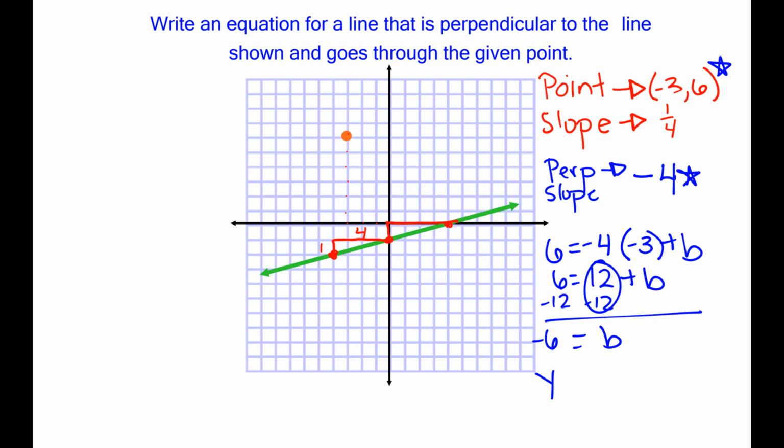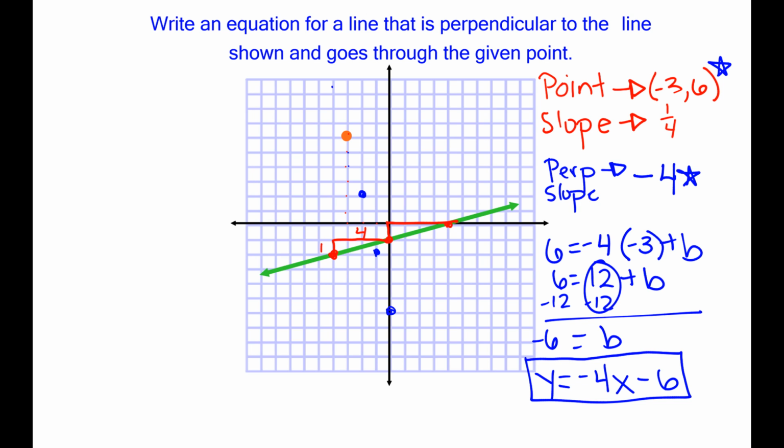So my perpendicular equation that goes through that point would be y equals negative 4x minus 6, since negative 4 was my perpendicular slope. If I went back and did that on the graph, I'd go 4 over 1, 4 over 1, 4 over 1.